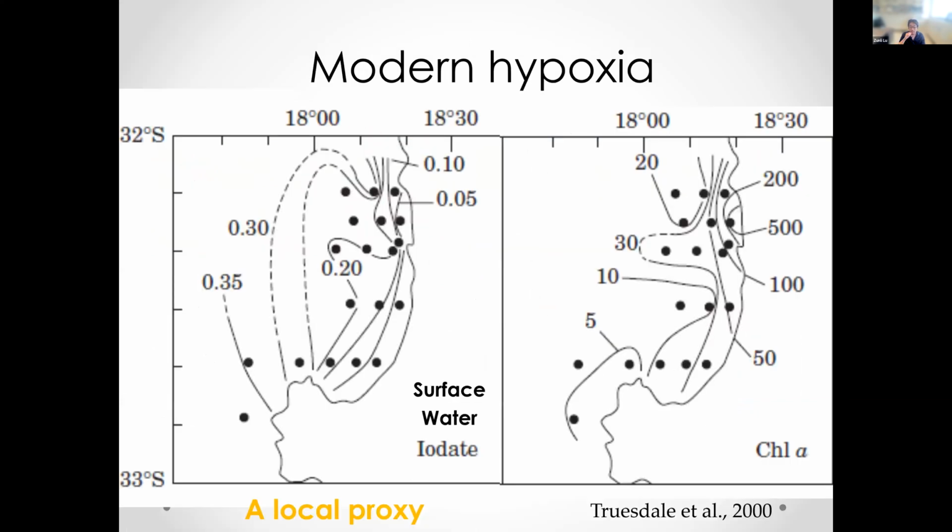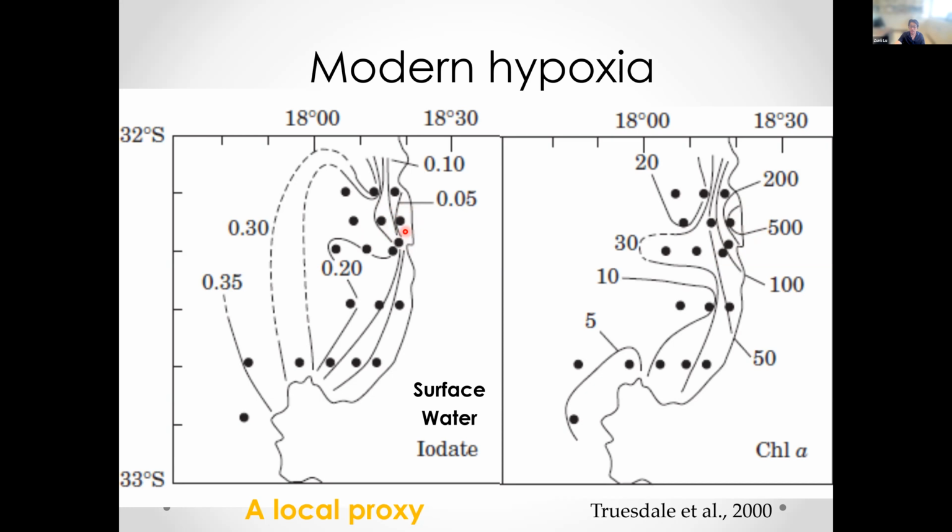In a map view, this is an example of modern ocean hypoxia. Here you can see where you have very intense biological productivity, you end up losing oxygen, creating shallow, low oxygen water in this corner.